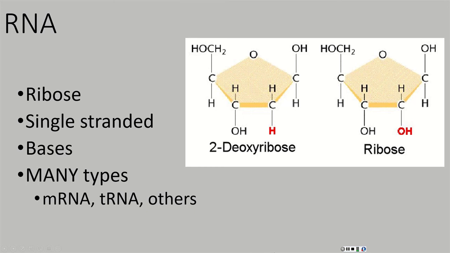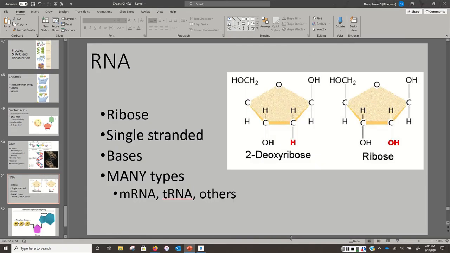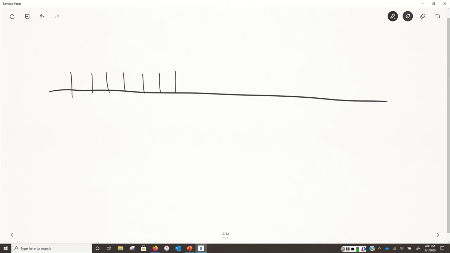Now the bases are very, very similar. We still have adenine. We still have thymine. Let me go ahead and write this down on our whiteboard so I don't confuse you more. Here's our RNA. It's just one-sided. We still have adenine. We still have cytosine. We still have guanine.